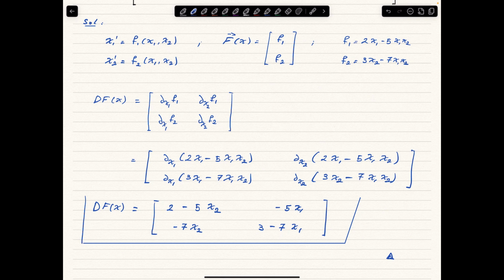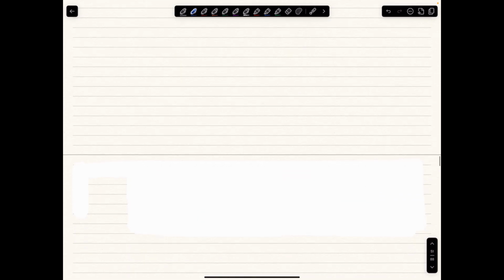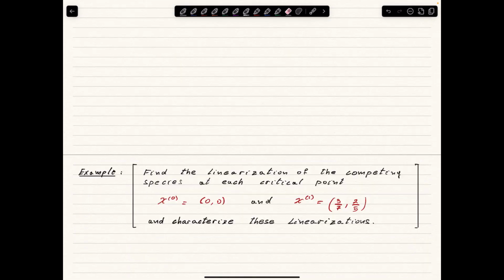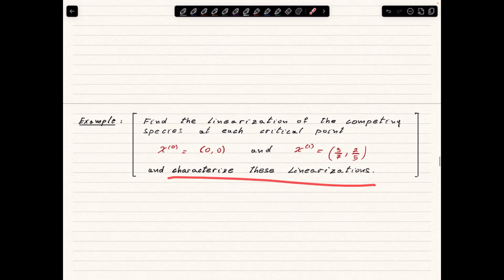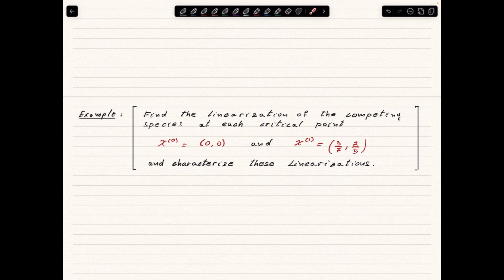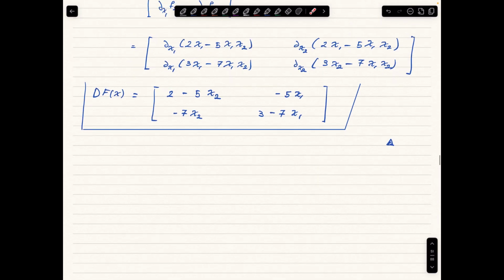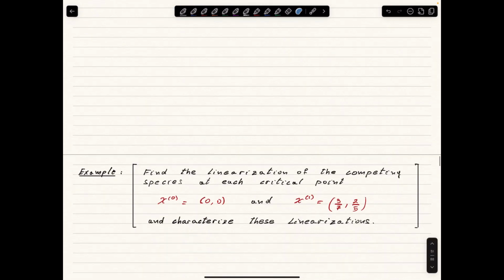What is next? Next is to find the linearization, so the derivative matrix at each critical point, and solve the linear system. Characterize these linearizations. Okay, so the first thing we need is the derivative matrix, so we are going to copy this result over here.